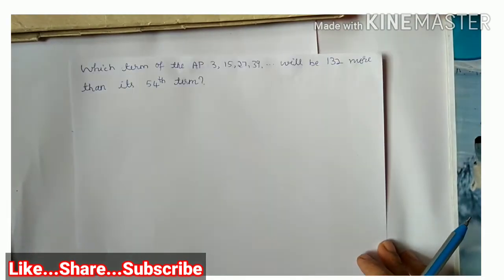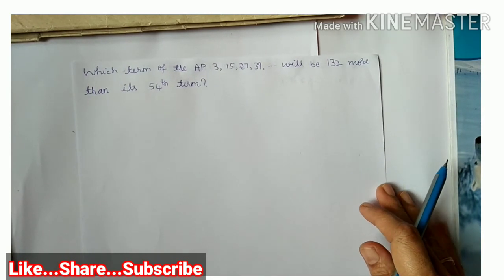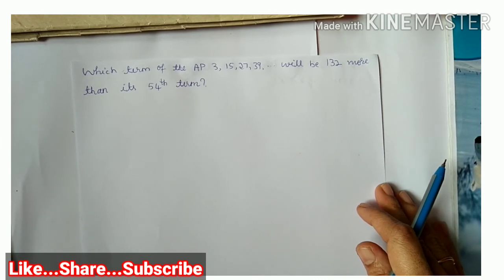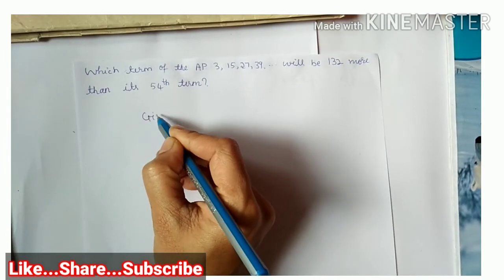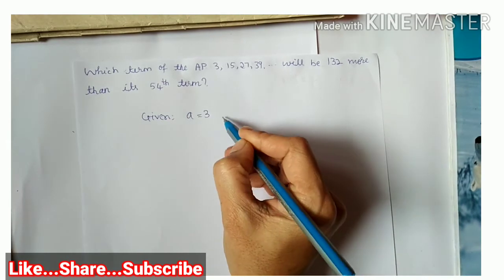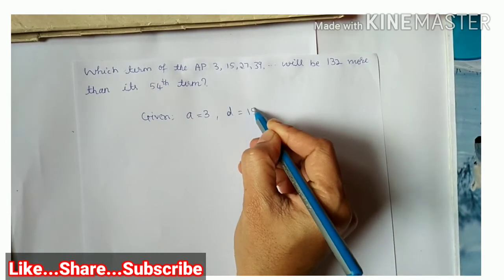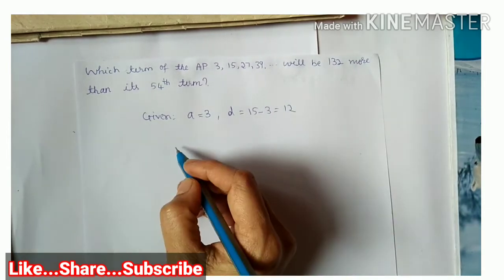Next example: which term of the AP 3, 15, 27, 39 will be 132 more than its 54th term? Given a is the first term, 3. Common difference d is second term minus first term, 15 minus 3, 12.